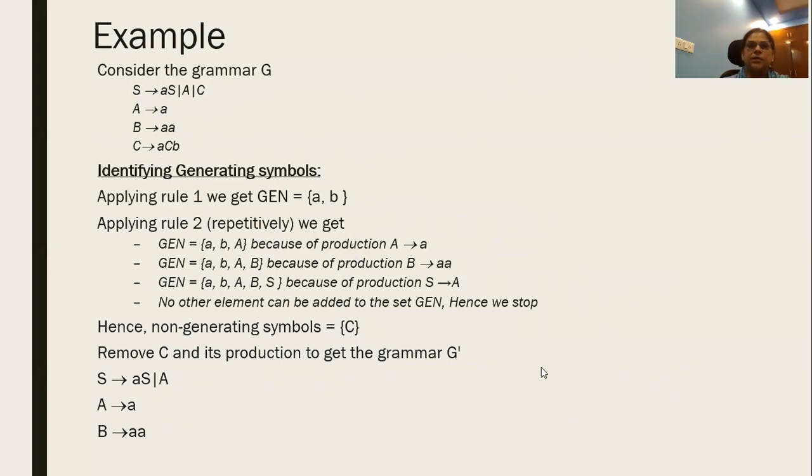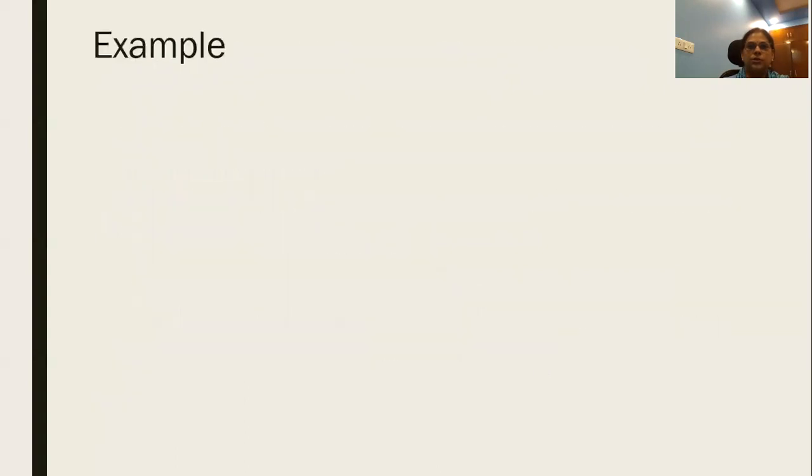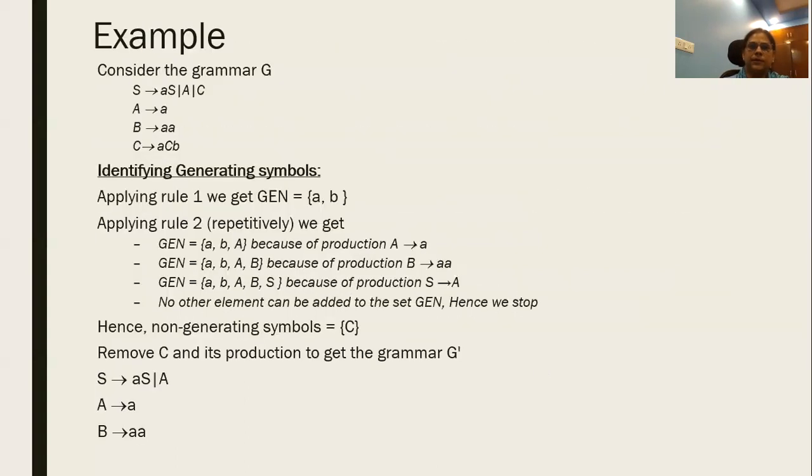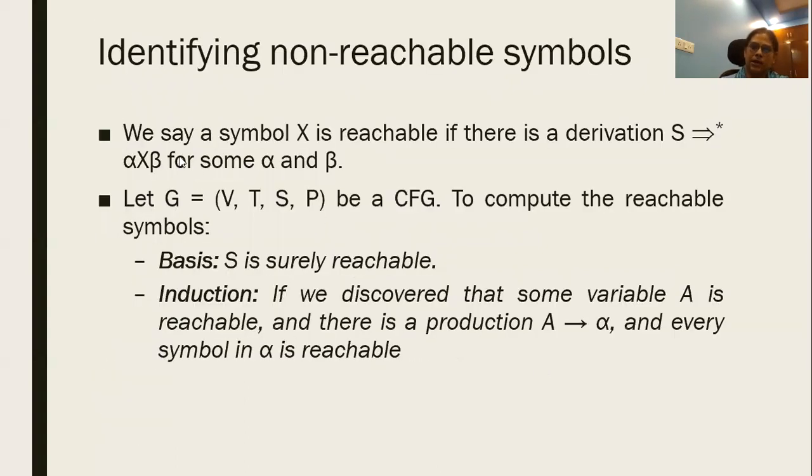The next step then is to identify non-reachable symbols. Again, as stated earlier, a symbol X is reachable if there is a derivation S derives alpha X beta for some alpha and beta. Suppose we have a grammar V, T, S, P. To compute the reachable symbols, again it is a two-step process.